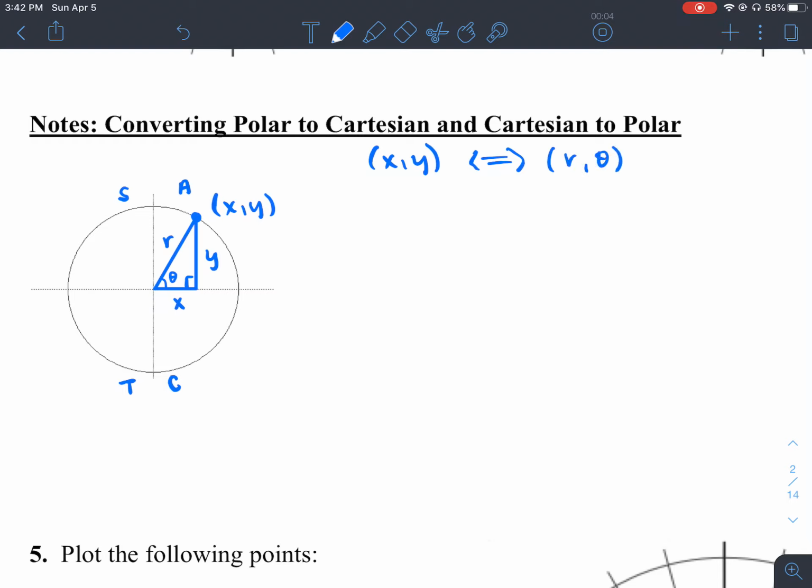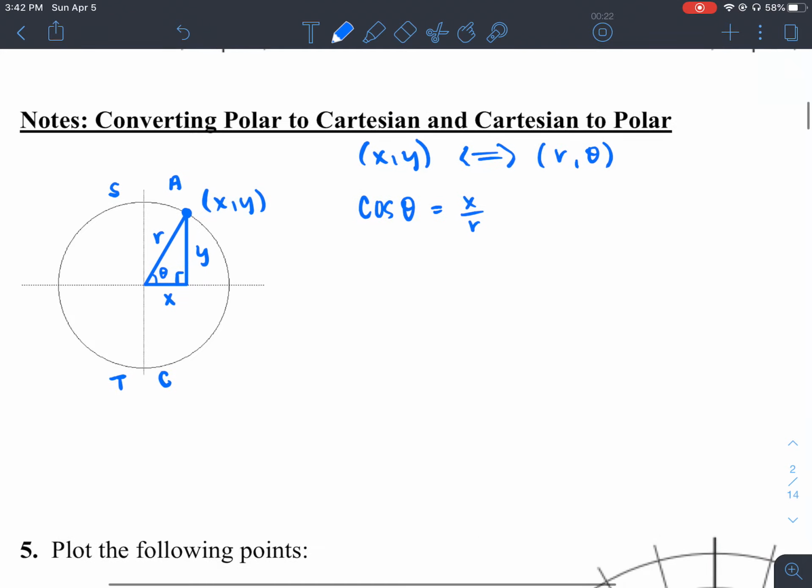Because I have this relationship between x, y, and r in my right triangle with theta, I know that if I were to take cosine of theta, that would have to equal x over r, my adjacent over my hypotenuse. That's just your SOHCAHTOA working right there.